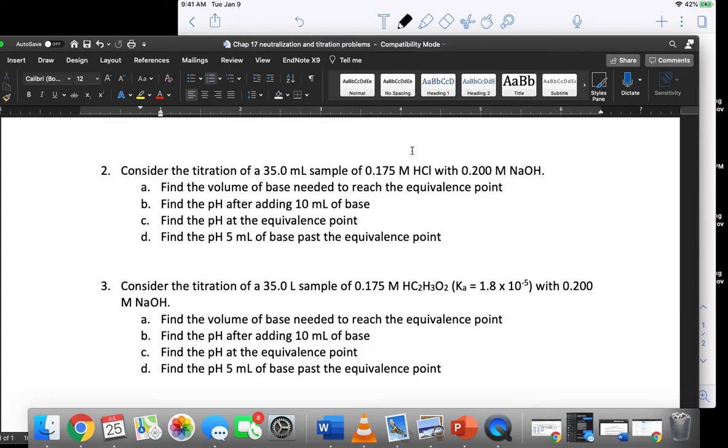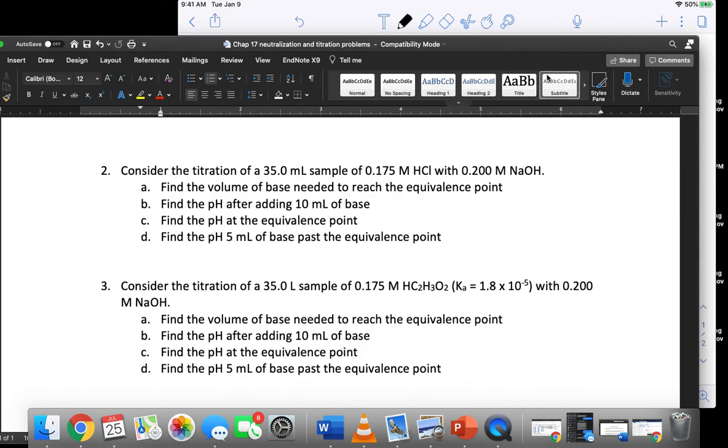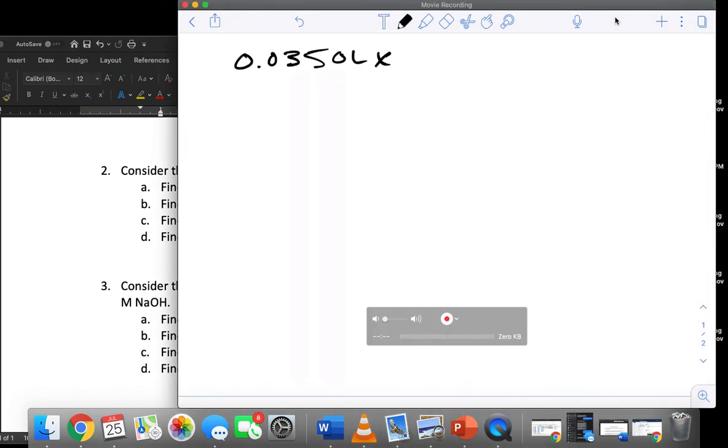I can find the moles of HCl that are present, and I know that must be the moles of NaOH I need, and if I have molarity and moles, I can use that to find a volume. I'm going to go ahead and set this up. I can start with my amount for the HCl. I can convert my 35 milliliters to liters, 0.0350 liters, and then multiply that by its concentration. We had a concentration that looks like 0.175 molar.